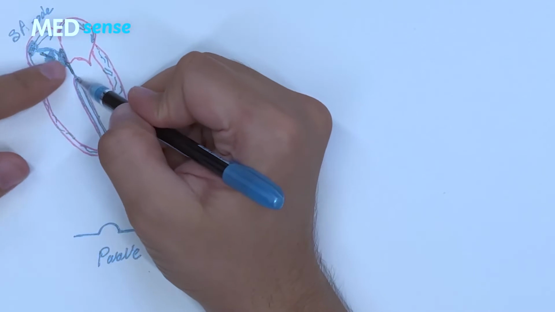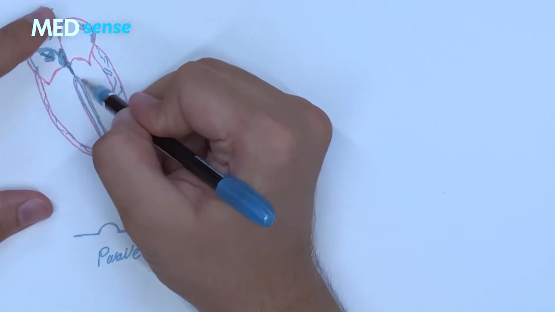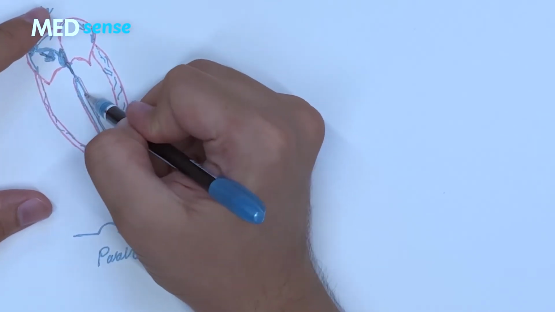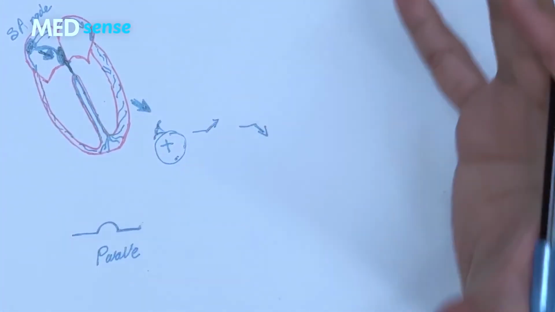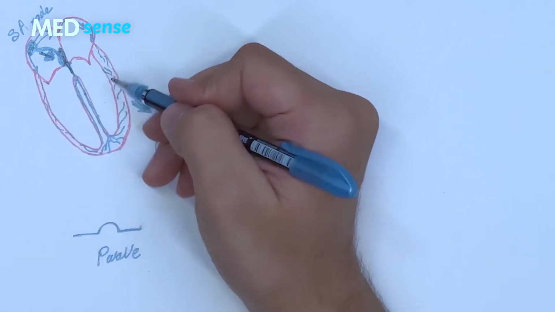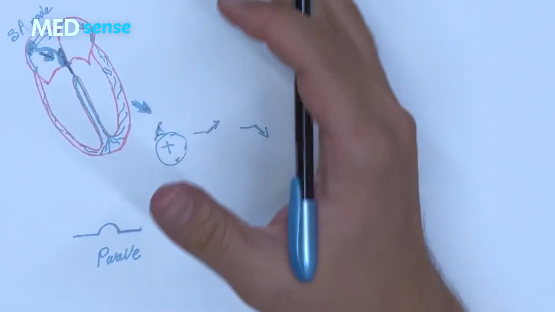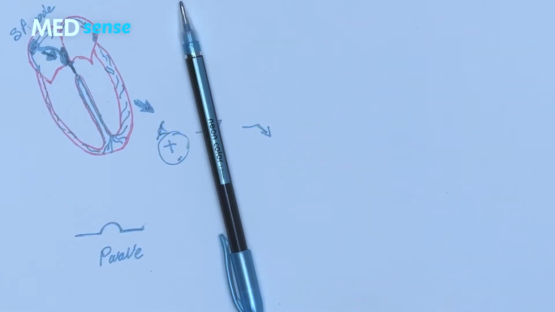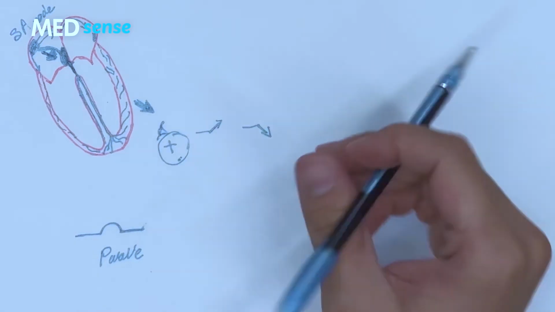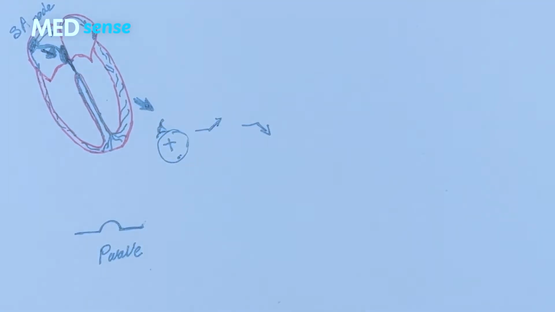So now through the bundle of His and the right and left bundle branches, we have to excite, or depolarize, the interventricular septum, where the septum takes the majority of this electrical impulse from the left bundle branch because it has much more electrical current than the right.